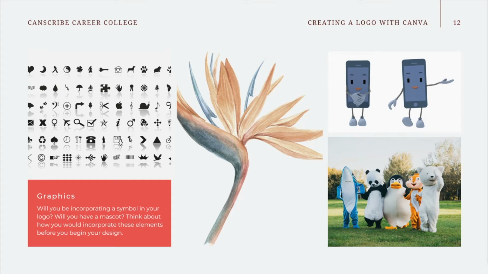For example, if you're going to have a lot of print-based documents, it might not be the best idea to go with a really heavy color-based graphic, like the one you see pictured in the middle, because that does take up a lot of ink, and your clients and potential customers might not necessarily appreciate that. So it's different little things to think about like that.